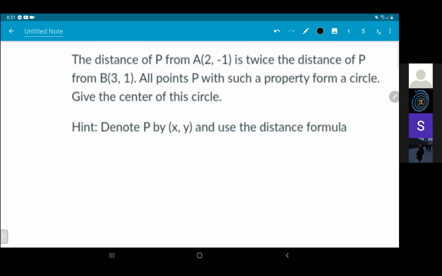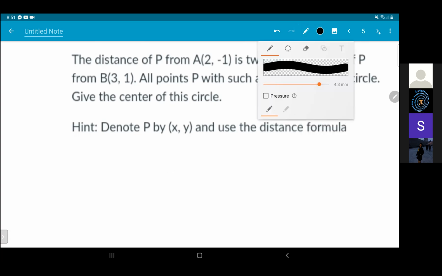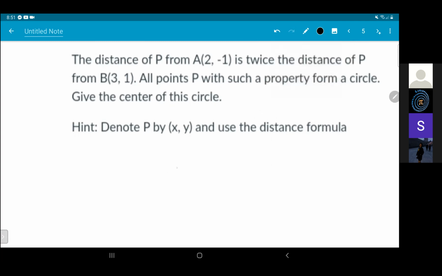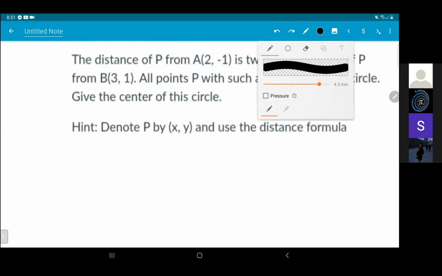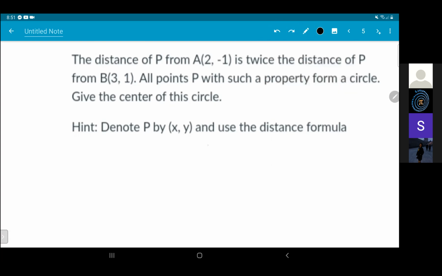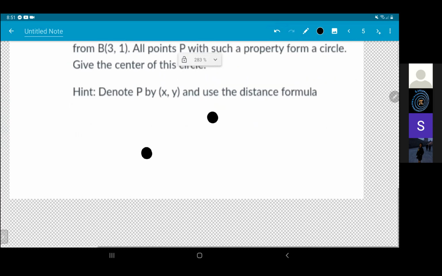You have to analyze a little bit, draw a figure. So A is at (2, -1), say somewhere here. Then relatively (3, 1) should be here.